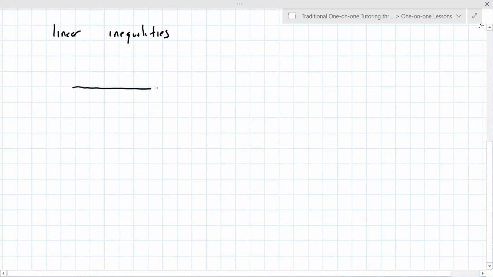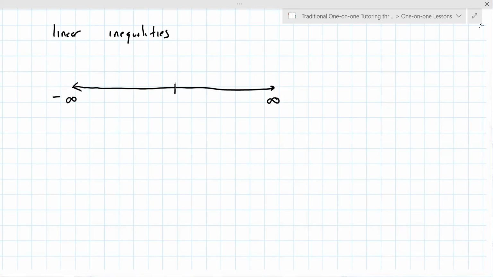This number line goes from minus infinity to infinity. Give me your favorite number. I will pick 10. All right. Now I'm going to put a filled in dot here, and we're going to fill in everything to the right.